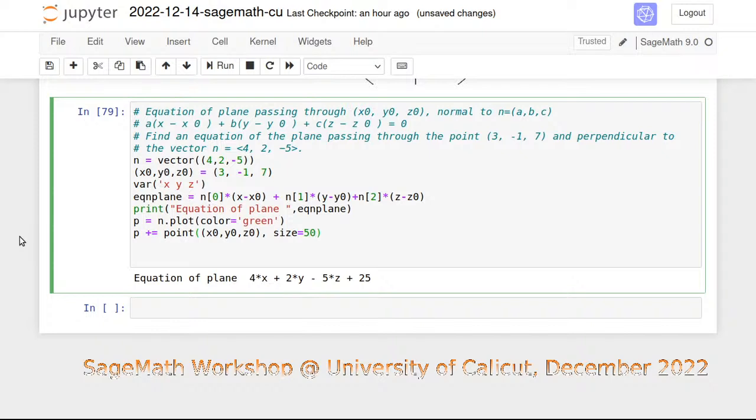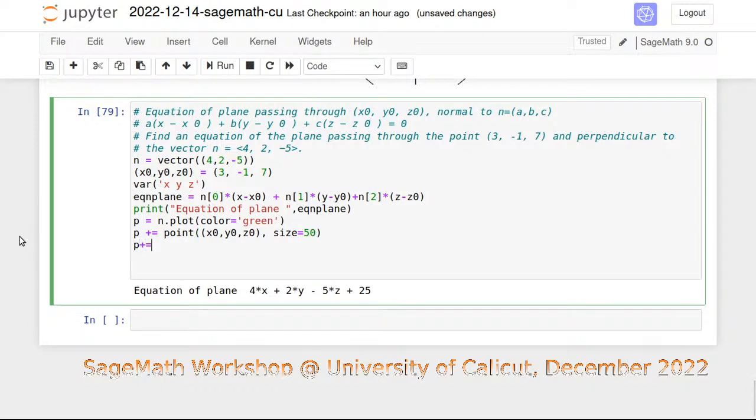Now the last one is the surface, implicit plot 3D. The surface is nothing but this equal to 0. But now we need to specify the ranges.